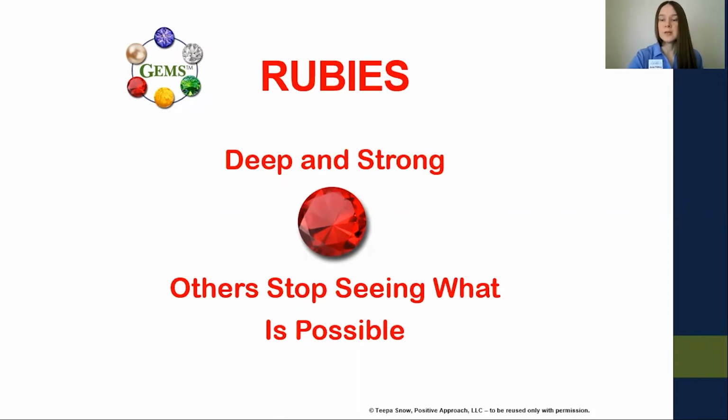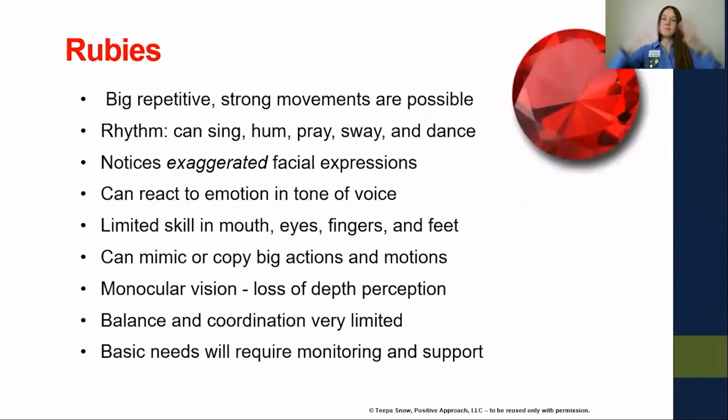With Rubies, they have big, repetitive, strong movements, gross motor. They also have rhythm. They can sing and hum and pray and sway and maybe even dance. There may be exaggerated facial expressions. They can definitely react and pick up on emotion in tone of voice.